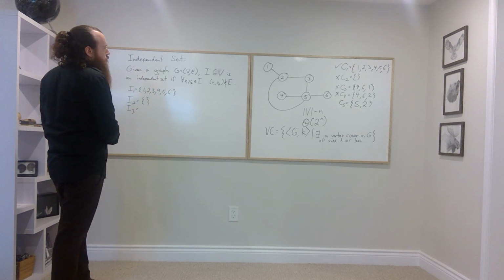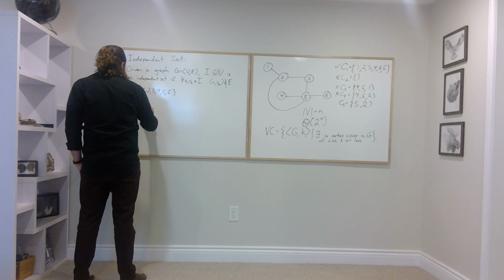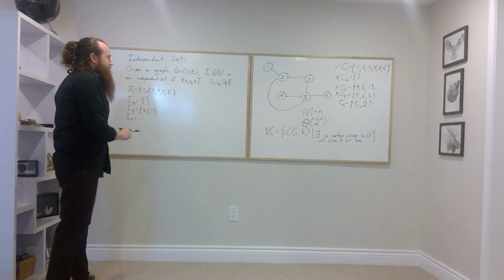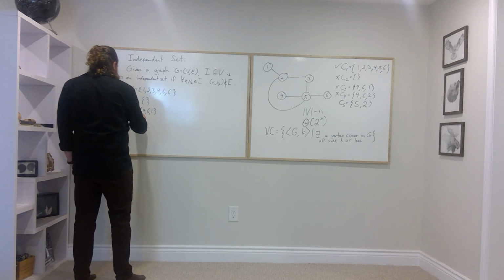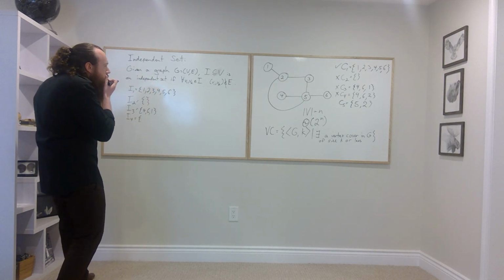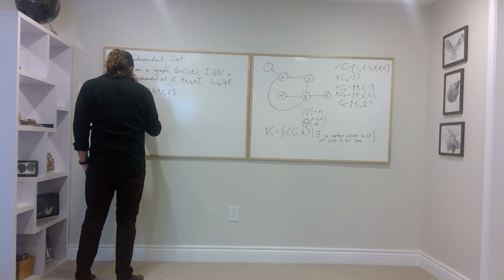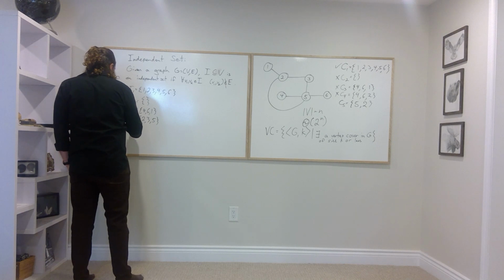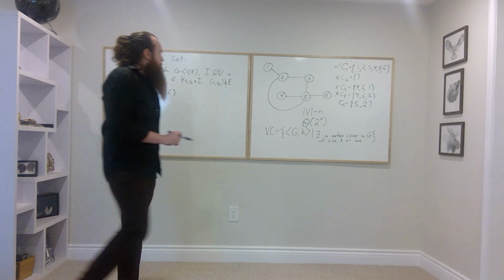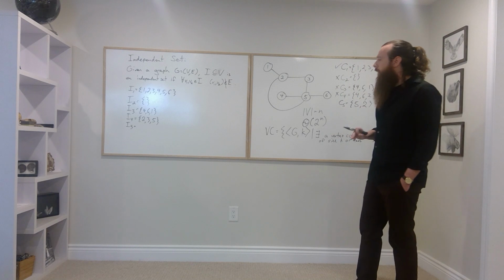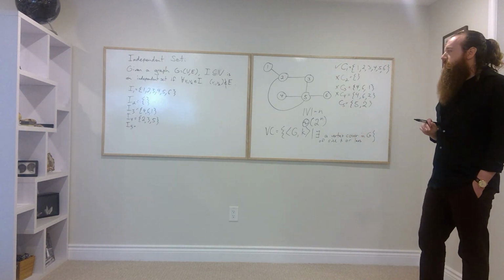A couple others: 4, 6, 1. 4, 6, 2. Now let's come up with something else: 2, 3, 5. So these are three examples similar to the ones over here. I4 is a little bit different, and I've left I5 blank.